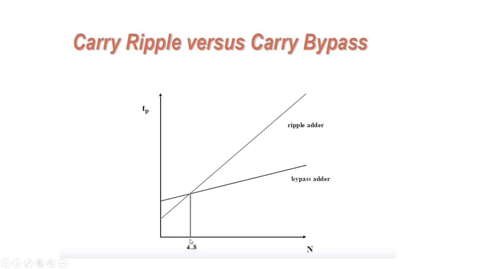As long as the number of bits is less than 4, you can certainly go with the ripple adder. As the number of bits for addition becomes more and more, you can see the bypass adder is a better performer compared to the ripple adder.